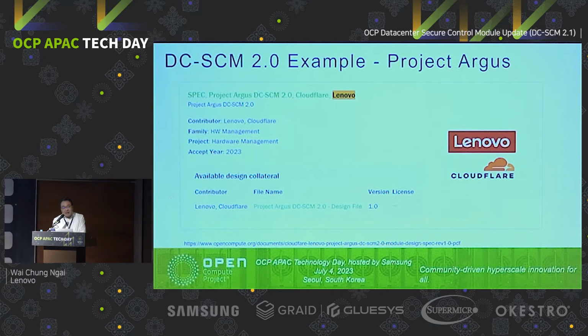Because Cloudflare is one of our customers, and they have their own sourcing strategies to buy from multiple vendors. So they are not going to single source. They want to ensure the continuity of supply, driving competition, and also innovations. And of course, that helps them to keep their costs down.